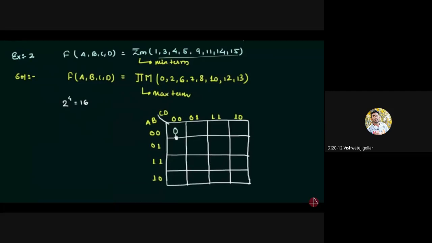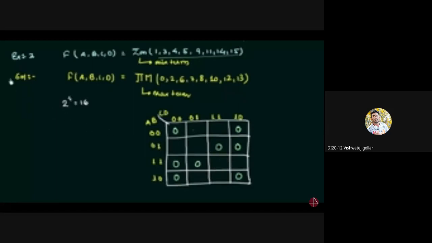It is 0, so I'll fill 0. 1, 2, 2 is 0. 3, 4, 5, 6, 6 is 0. 7, 7 also 0. 8, 9, 10, 11, 12, 13. Okay, and 14, 15 are 1, so they should be kept vacant so that the map does not look messy. So we have filled our zeros. It looks fine.